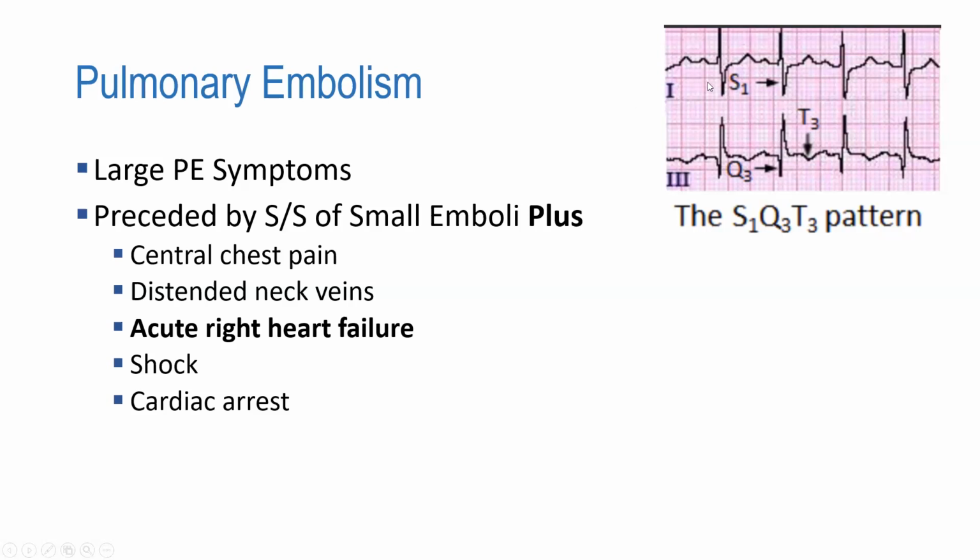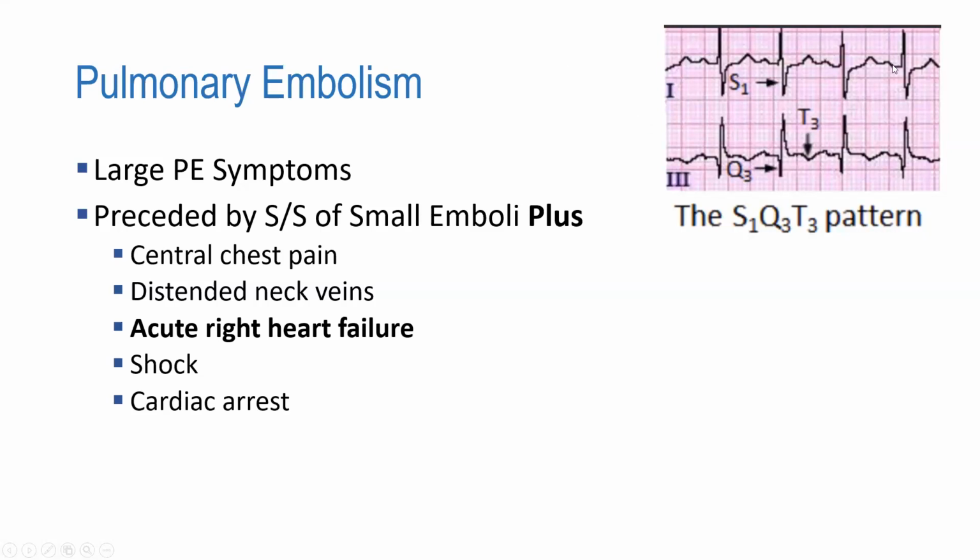And this is called S1, meaning an S wave in lead one. You have a small Q wave. That's the wave that goes downward before your upright wave, the R. So small Q in 3. So that's S1, lead 1, small Q in 3, Q3, and an inverted T wave in lead 3.